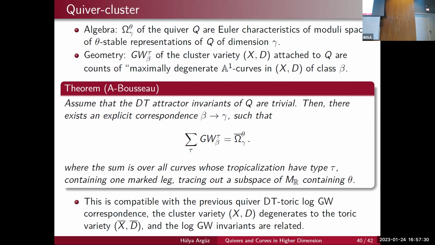So we consider a similar generation of cluster varieties to toric varieties in our work with Mark while calculating the counts of A1 curves. So that's by some observation of relating two different wall structures.